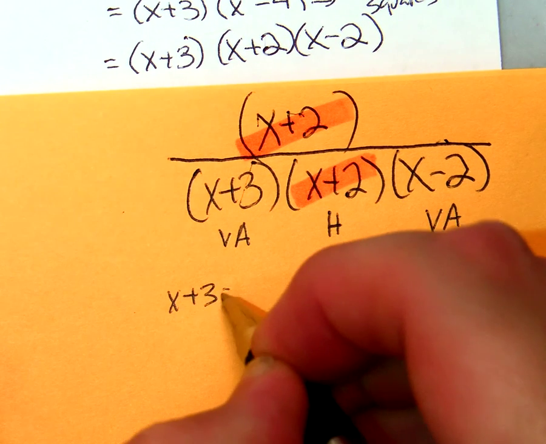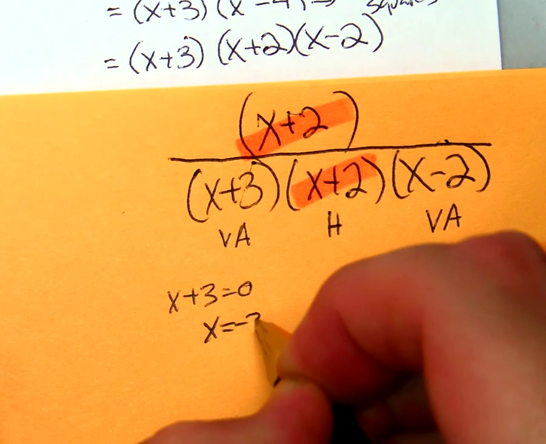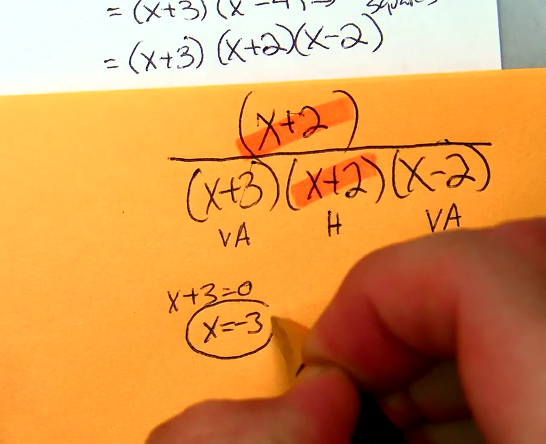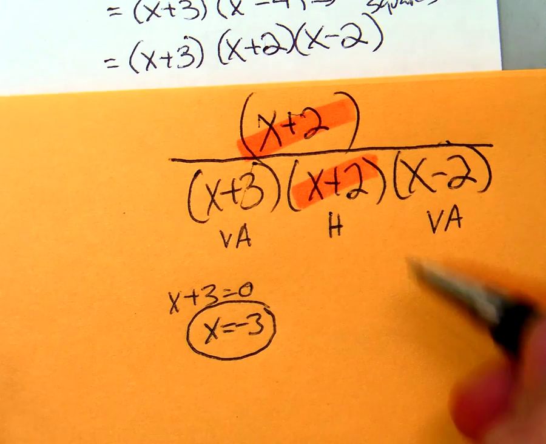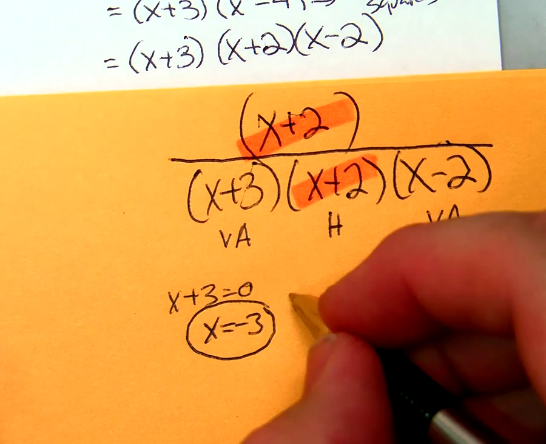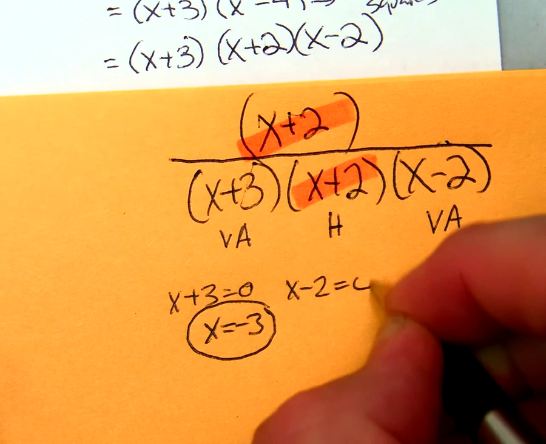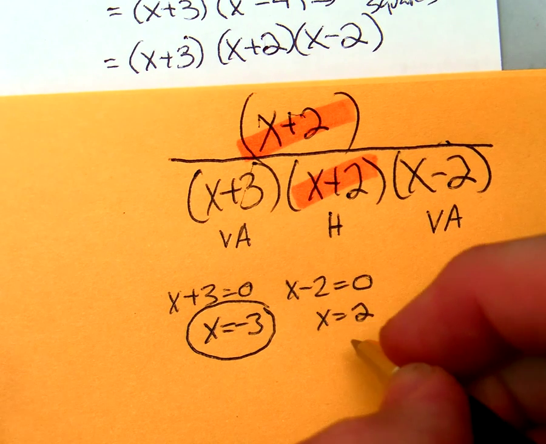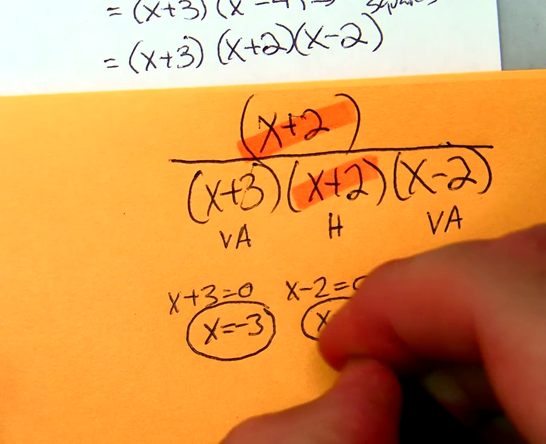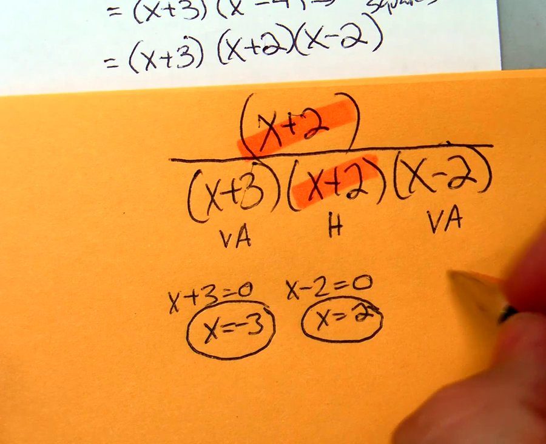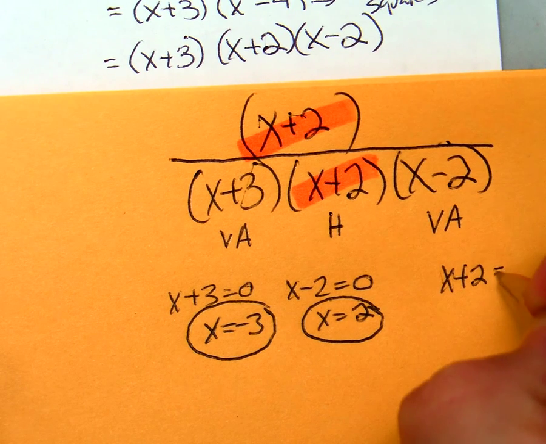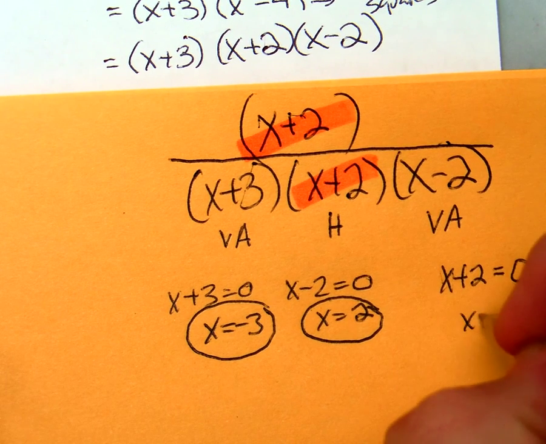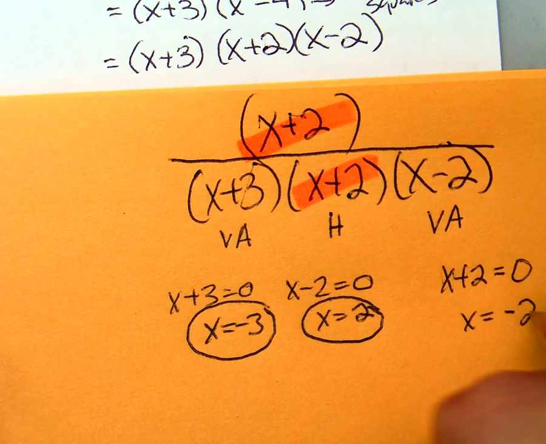That's a vertical asymptote. X minus 2 is equal to 0, so x is equal to 2. Then x plus 2 is equal to 0, so x is equal to negative 2. These are my vertical asymptotes. And my hole is here.